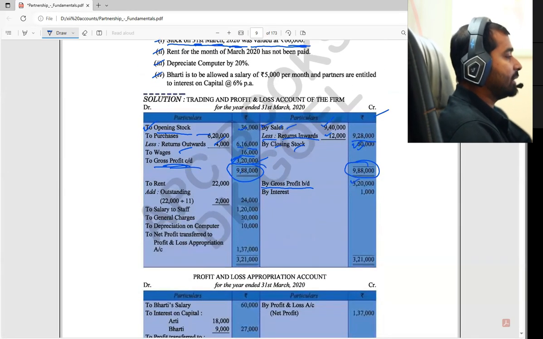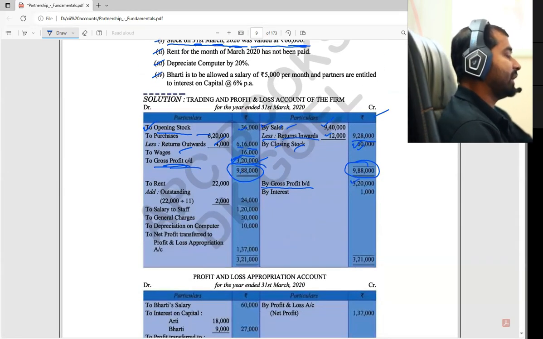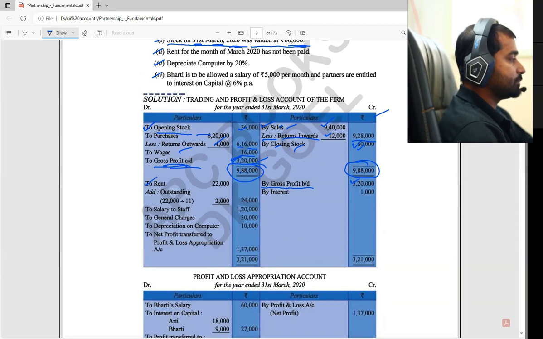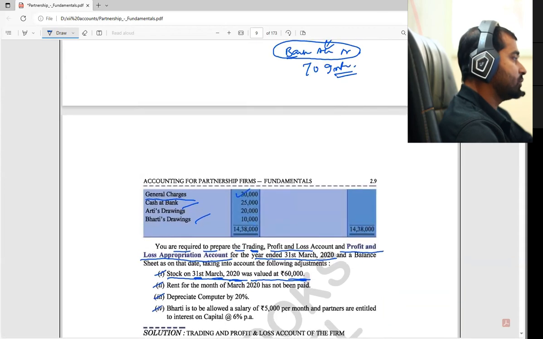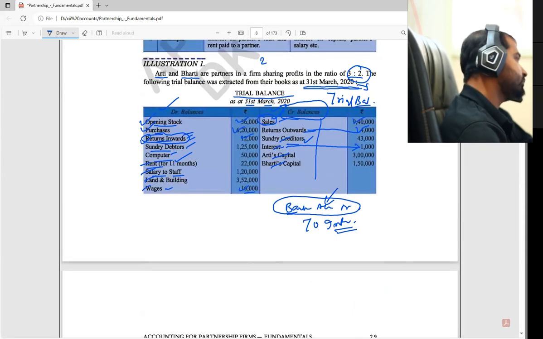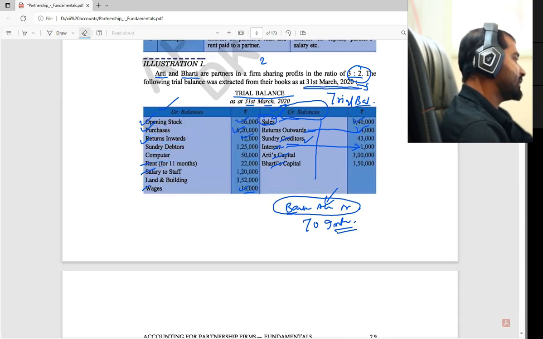Now direct incomes and direct expenses we have found out. Now rent, 22,000, right? We have that before only. Let's see how we will deal with all the indirect expenses. So let's go to the question again. See here, the things we have already taken; except those, we are going to take the other part now.